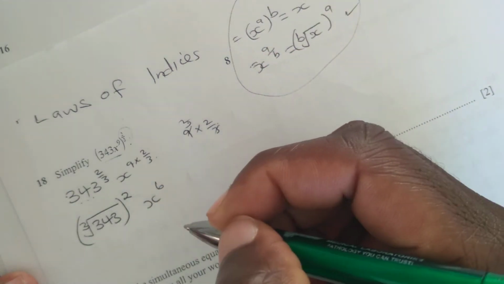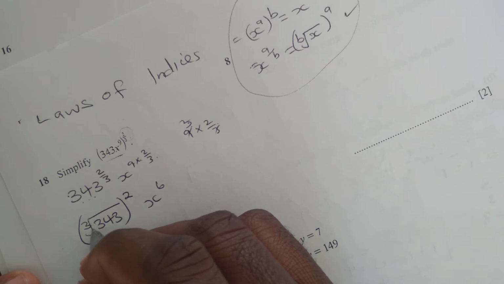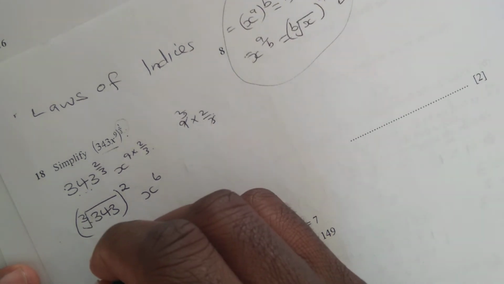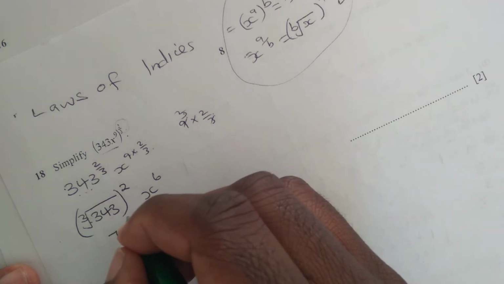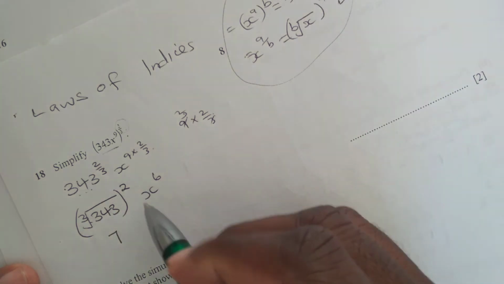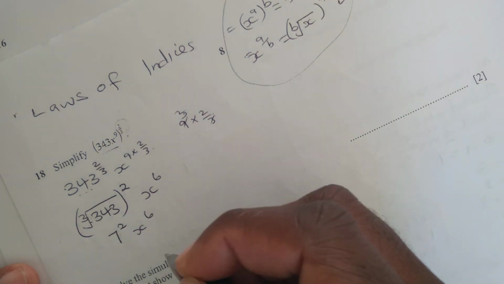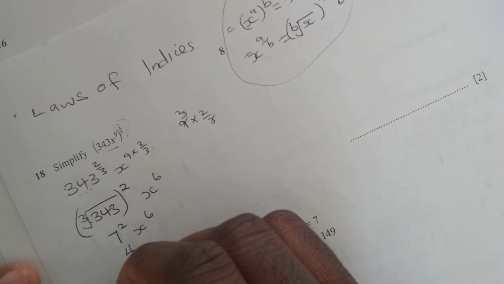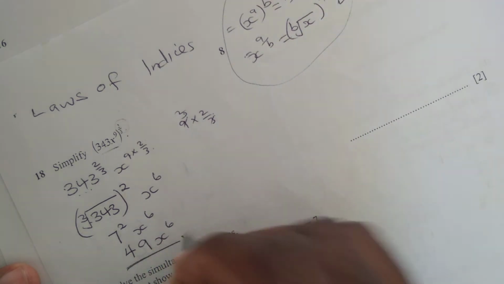So this becomes a 6. And the cube root of 343 is 7. 7 times 7, 49. 49 times 7 is 343. So this becomes 7 squared, x to the power 6. And we know that 7 squared is 49, x to the power 6. Done.